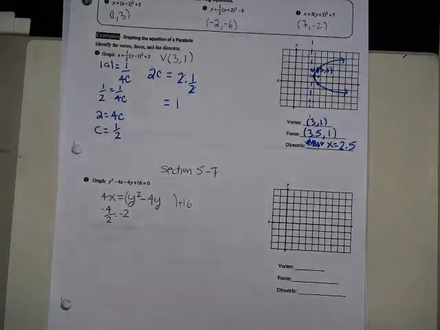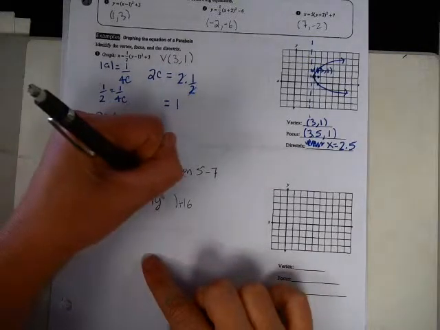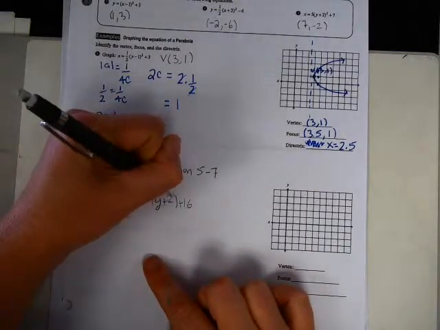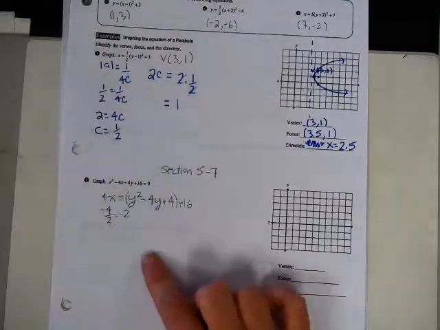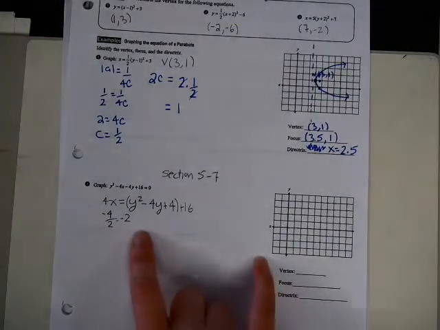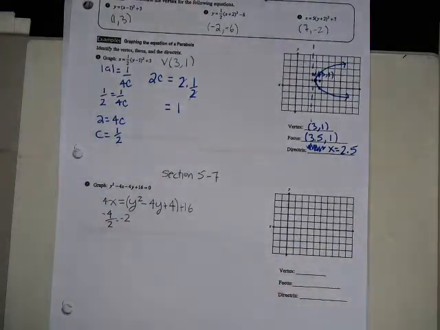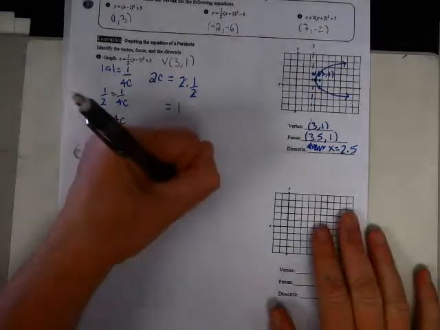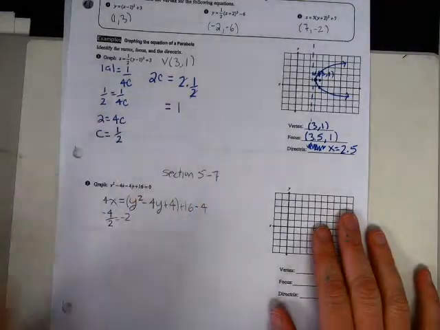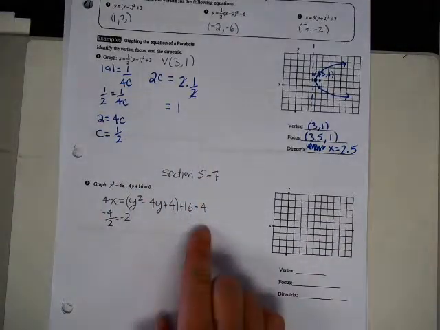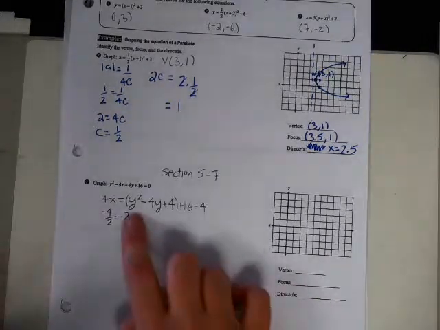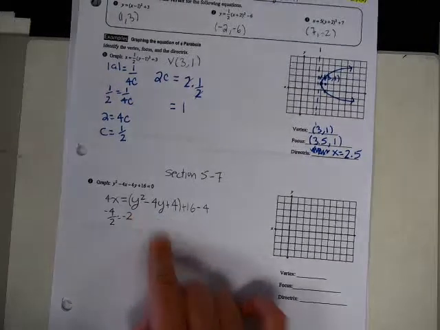I take that negative 2 and I square it. So negative 2 times negative 2 is positive 4. And in order to ensure that I'm actually only adding 0, because I can't just add a 4, I'm going to subtract that 4 as well. So I added 4 and I subtracted 4, which is adding 0. So I have now created a perfect square trinomial.